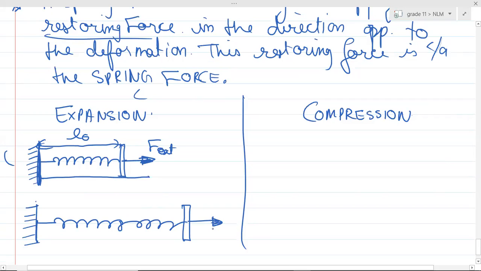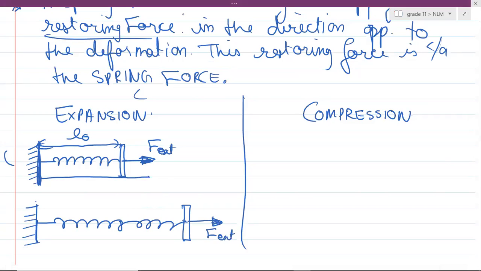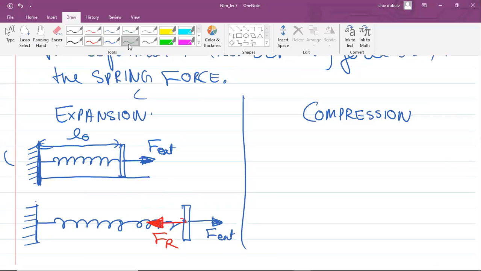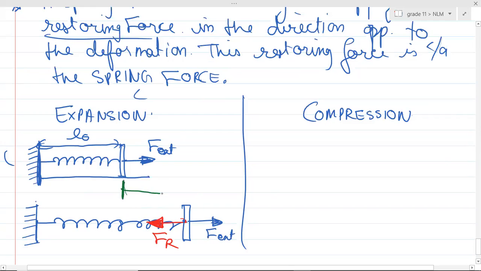Why? Here in this case, there will be a restoring force acting in the opposite direction of the deformation. Can you see the deformation? The deformation was expansion. So can you see this restoring force is trying to reduce the expansion?